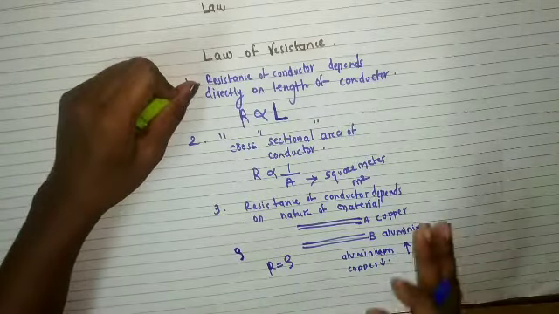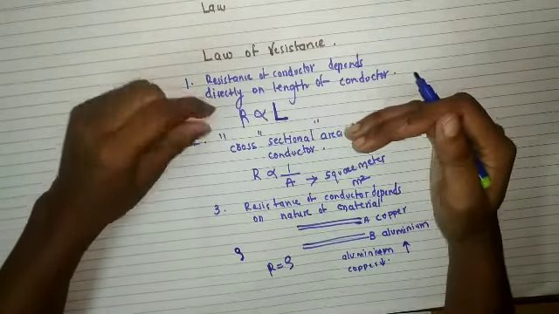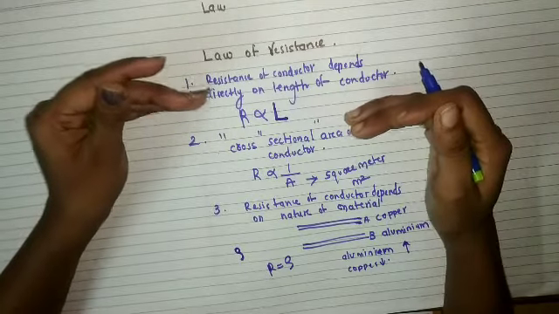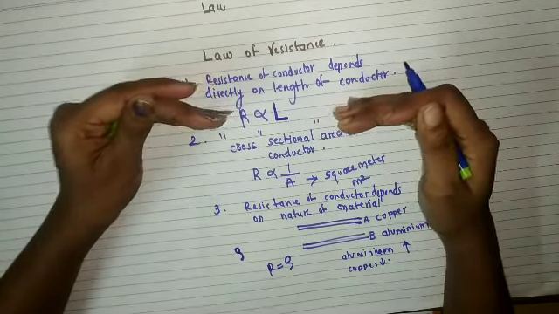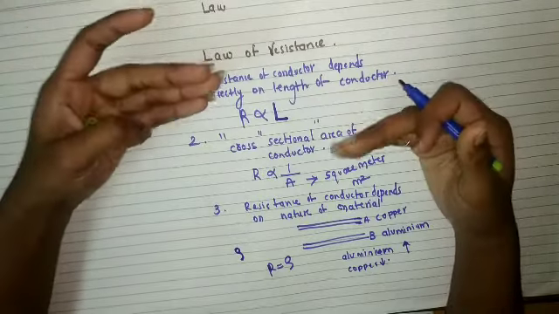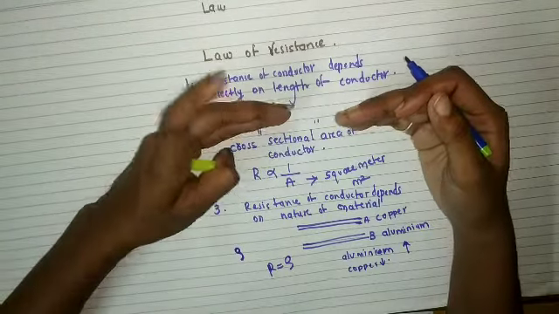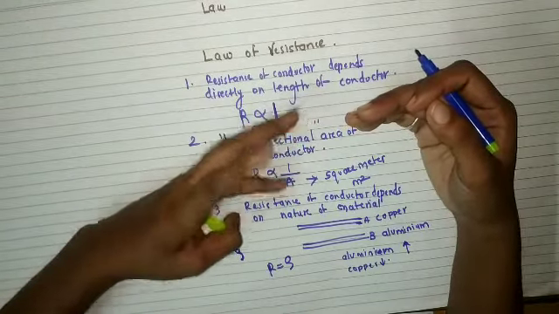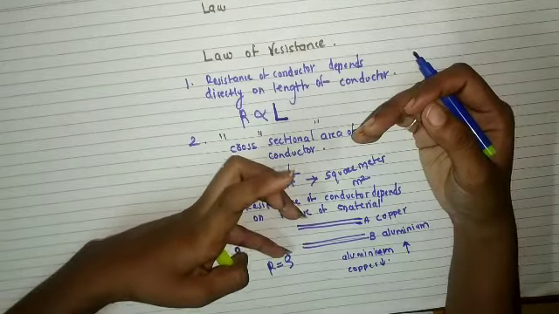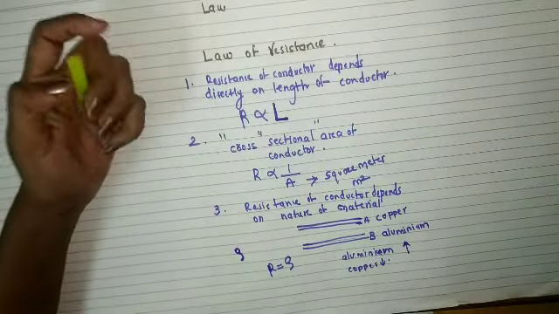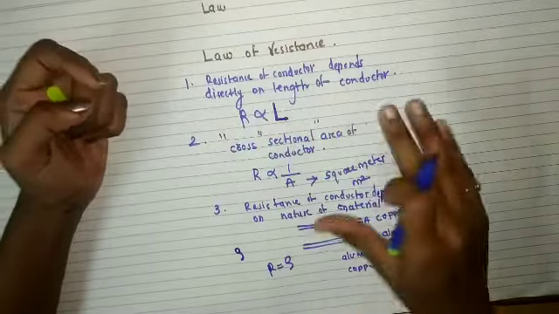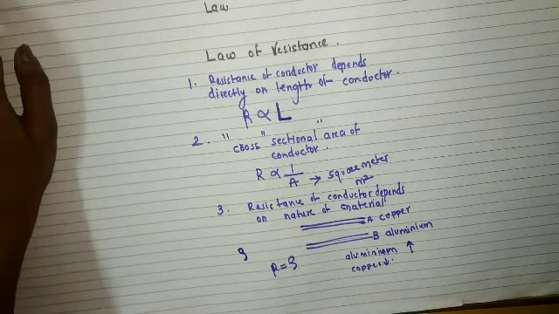So now we understood the relation between resistance and length, resistance and cross sectional area, and resistance and nature of material. Now we'll mix all this.